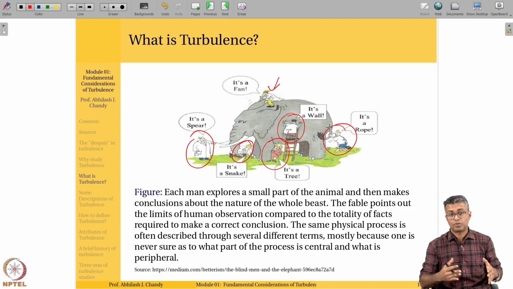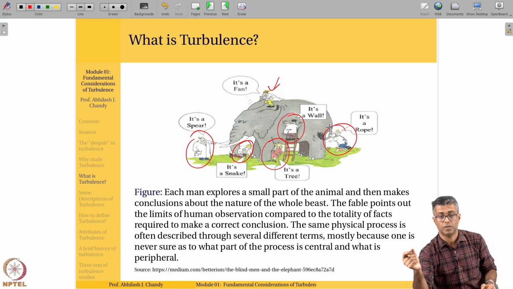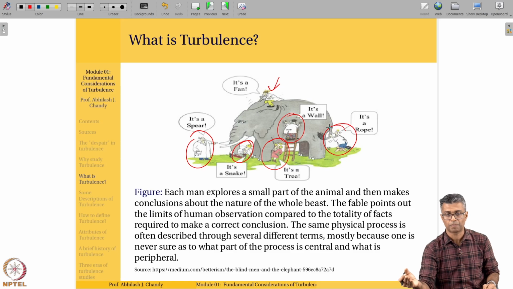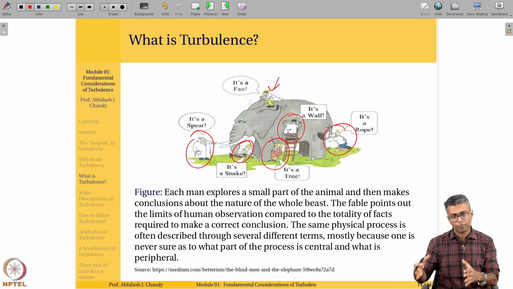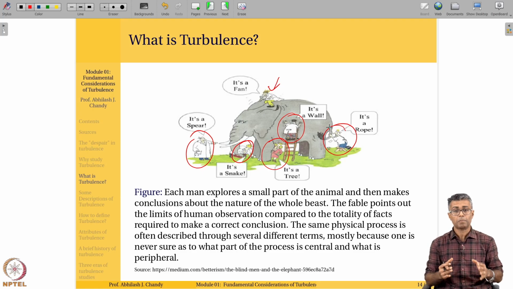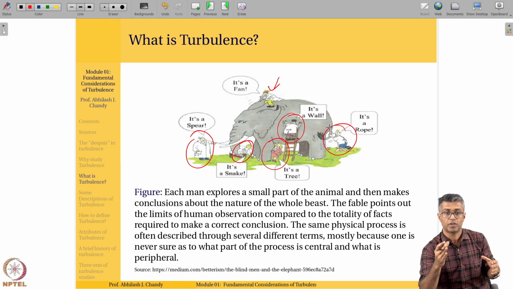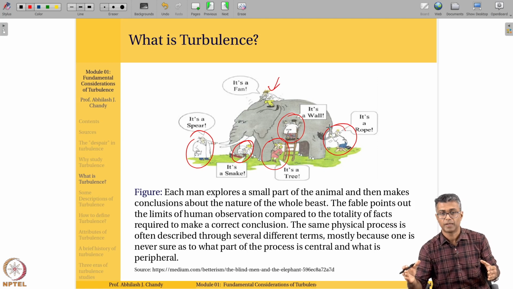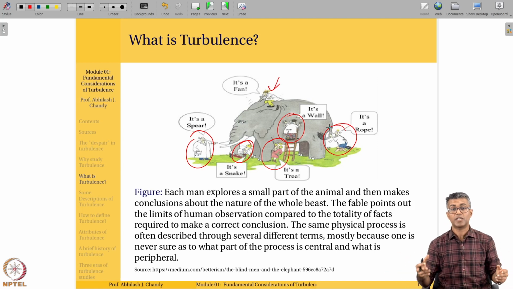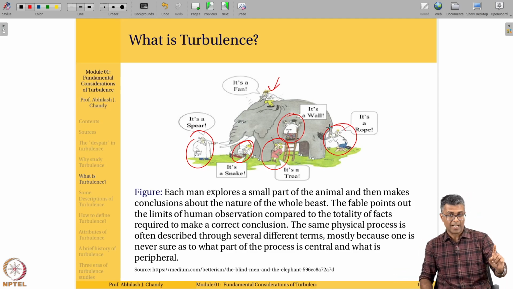From the 19th century to now, scientists, people have been coming up with different definitions of turbulence. What they see in turbulence, how they would describe turbulence. Obviously, we have converged to a more modern definition of turbulence and we will cover that in this class. But this is how the understanding of turbulence and the need to answer the question of what is turbulence has evolved. It's a fan, it's a spear, it's a snake, it's a tree, it's a wall, it is a rope. Okay, different interpretations. That's one aspect.